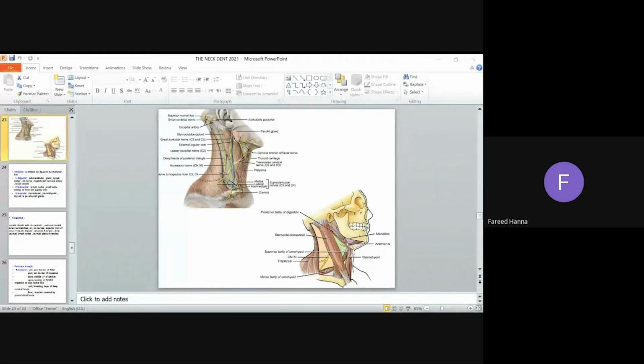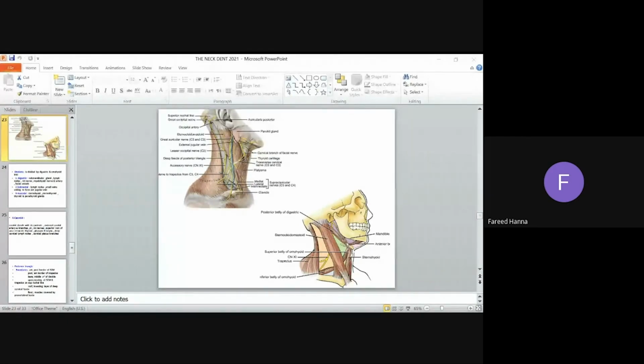The floor of it is formed by the carotid sheath, and it contains the contents of the carotid sheath: the common carotid artery, external carotid, internal carotid, with the branches of it, the vagus nerve, continuation of hypoglossal, and the ansa cervicalis of cervical nerves, with the upper deep cervical lymph nodes.